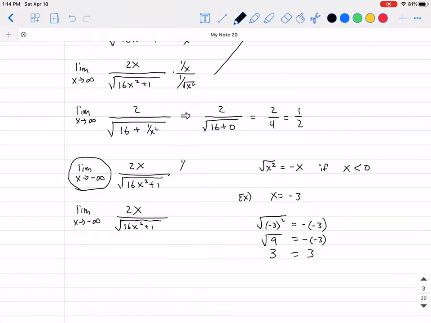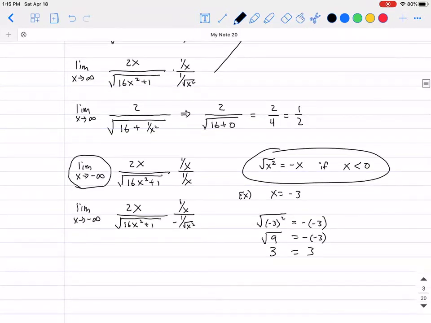Previously, we said we're going to divide both top and bottom by the largest monomial, which is 1 over x once again. But when you now change what we have in the denominator, your replacement for 1 over x is not just 1 over the square root of x squared. It's going to be negative 1 over the square root of x squared because of what we just said. Remember, again, x is approaching negative infinity.